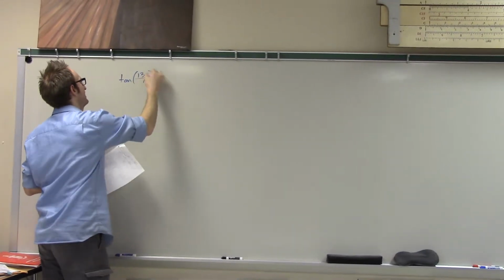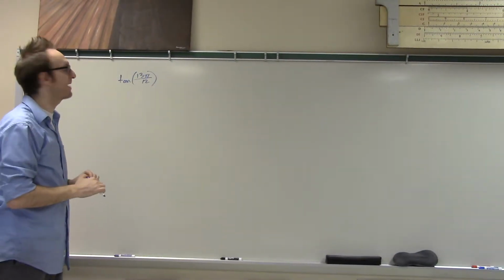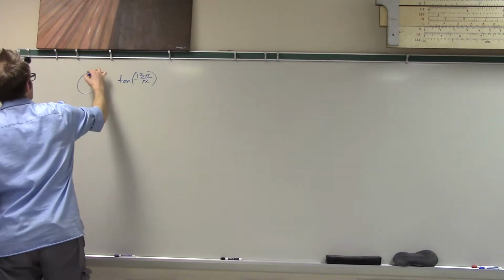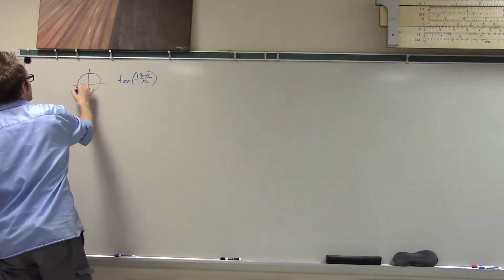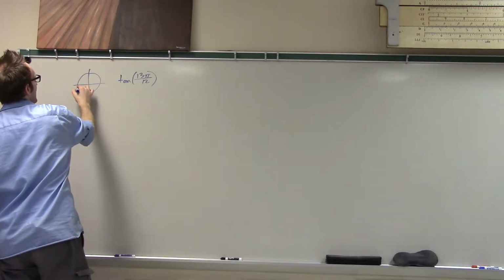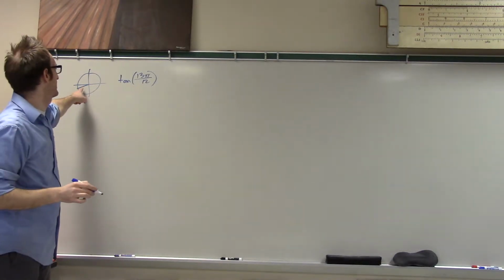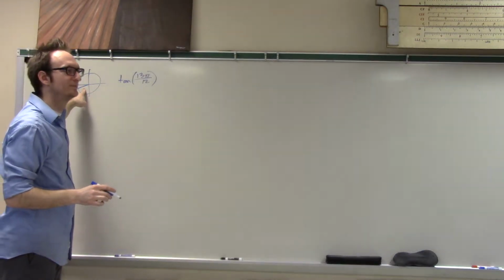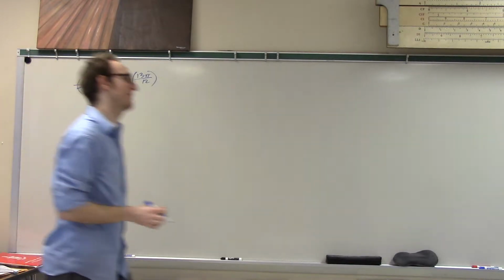But still, tan of 13 pi over 12. Okay, the first thing to do, what does 13 pi over 12 look like? It looks like this, right? It's a little bit more than pi.